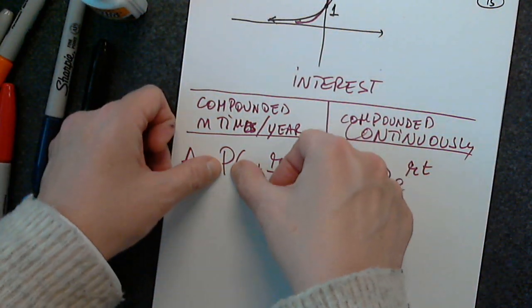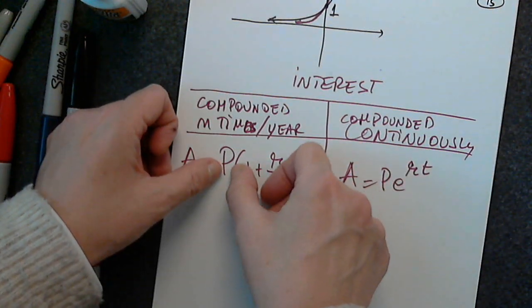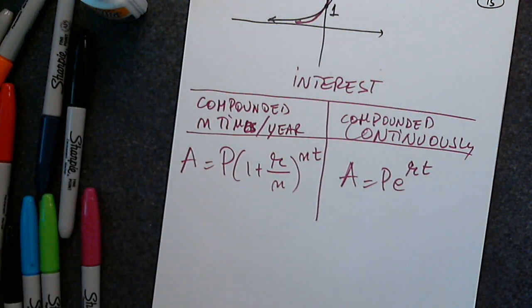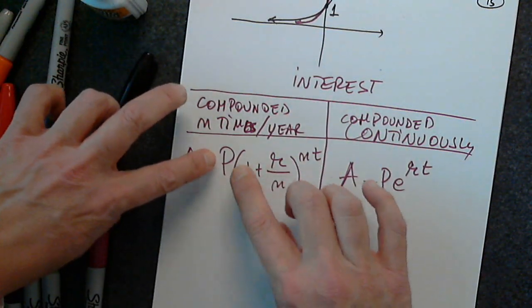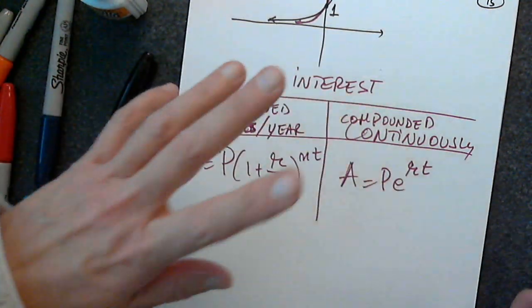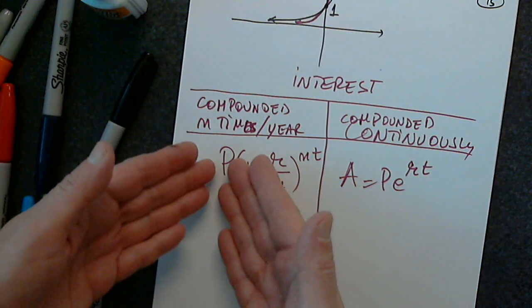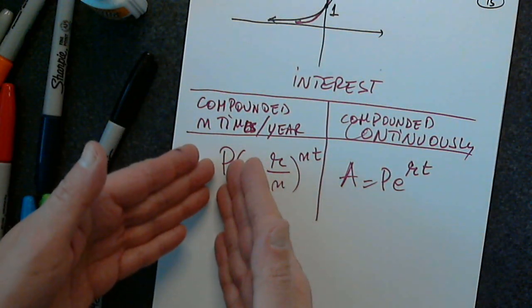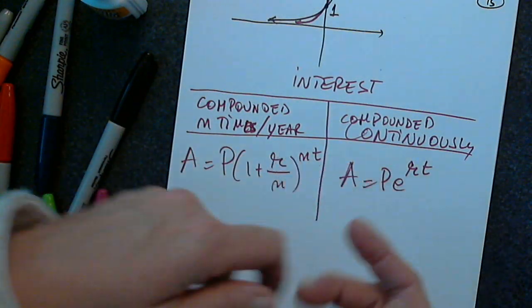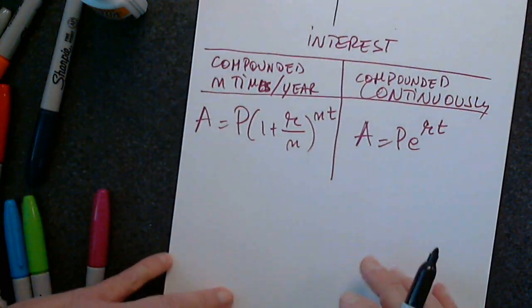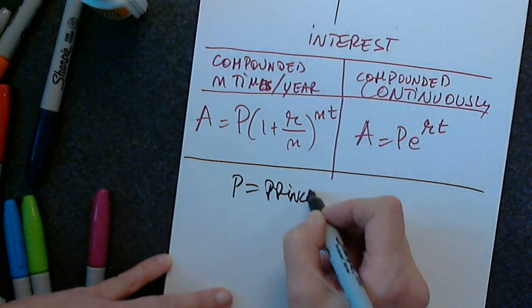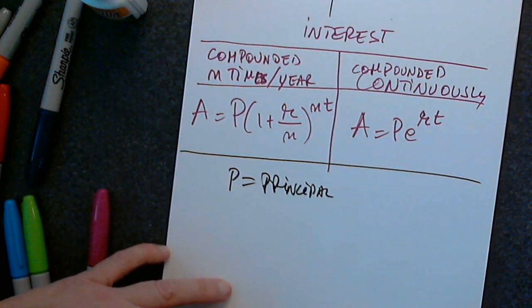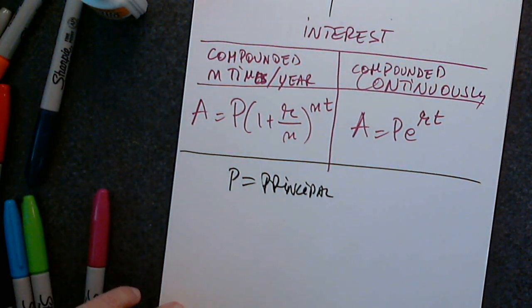P is the principal. So let's suppose we want to buy a home, and let's say it's $200,000, and this is the principal. Let's say we want to deposit $50,000. That will be our principal. So P is the principal in both cases, of course. Either we deposit or we borrow.